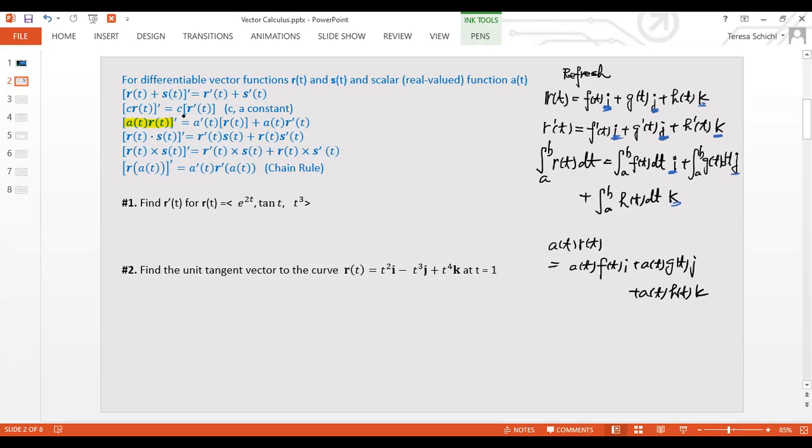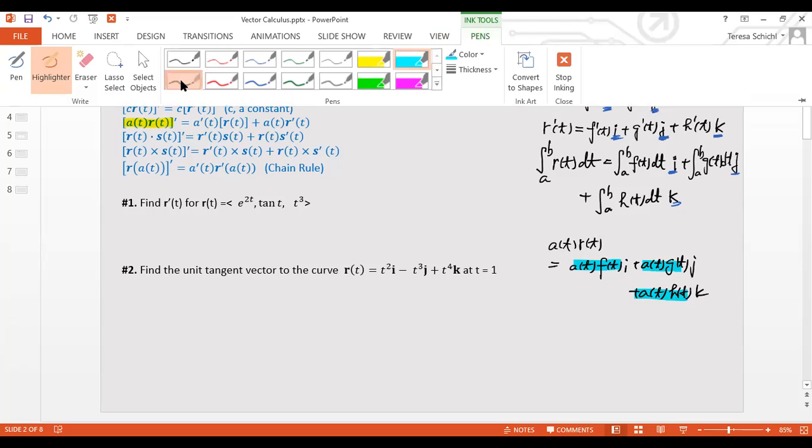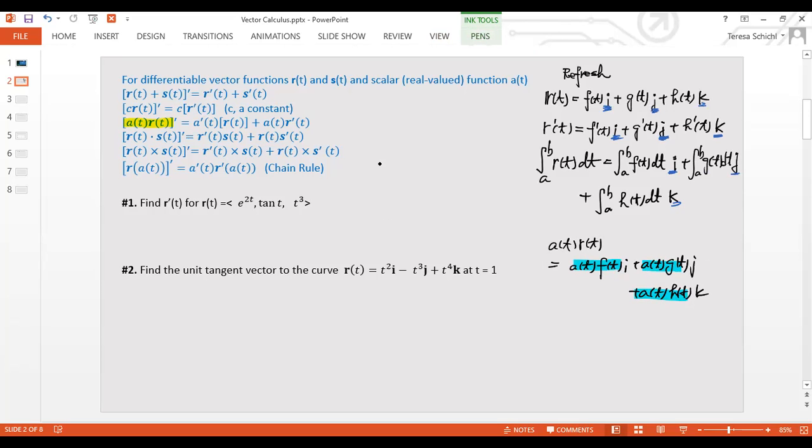When you take the derivative, for each component you have a multiplication of two real-valued functions. What rule do we need to use? We need the product rule. So you hold r(t) and take the derivative of a, which gives a prime of t times r(t), and then you hold a(t) and take the derivative of r, which gives a(t) times r prime of t.